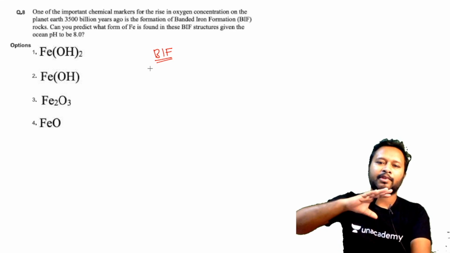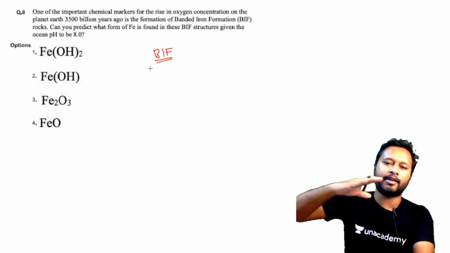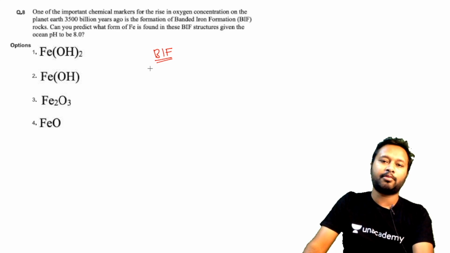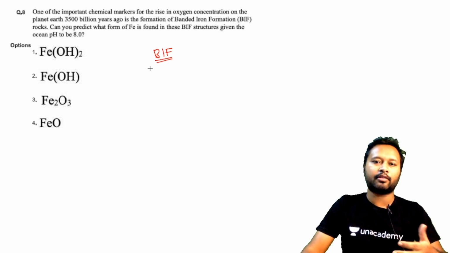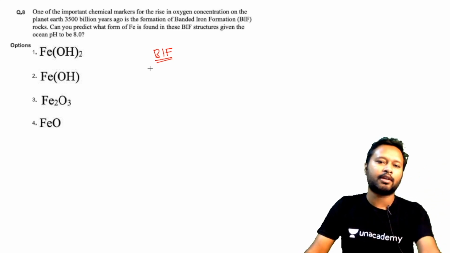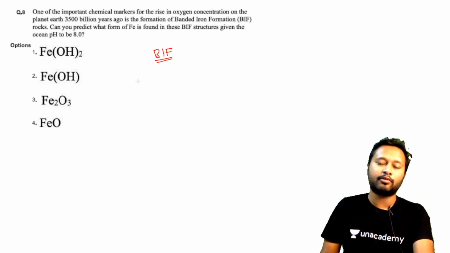So basically the big rocks which have plates or colorful bands over them, which is basically because of the oxidation of the iron which is present in those rocks. So that causes that band formation, and that is because of the presence of two types of iron oxides. Those are basically hematite or magnetite.